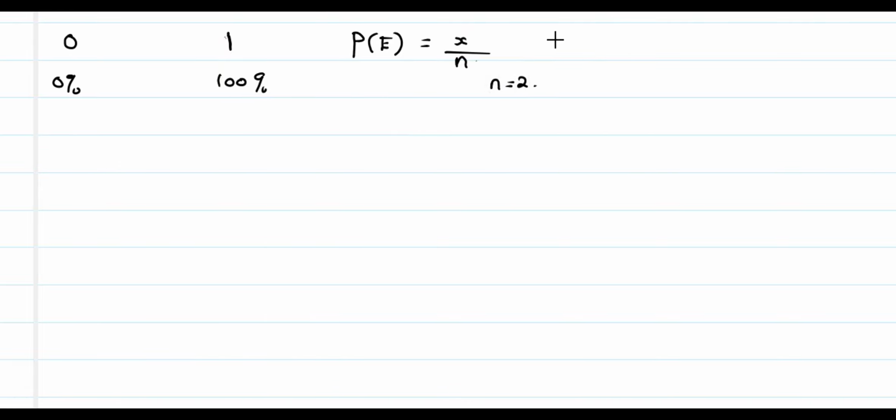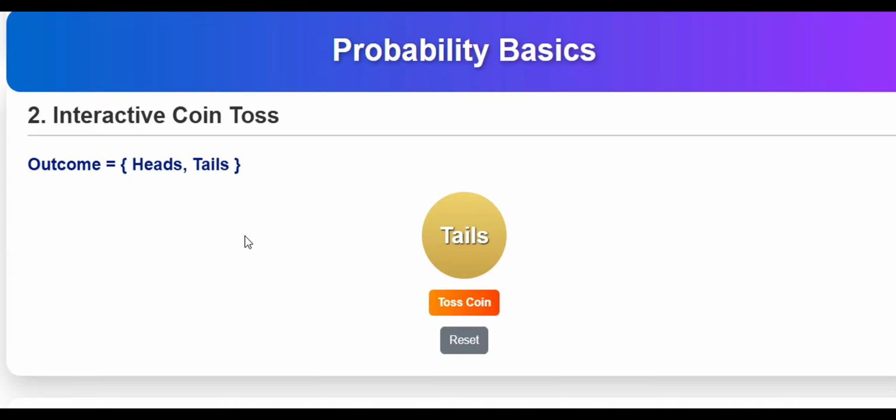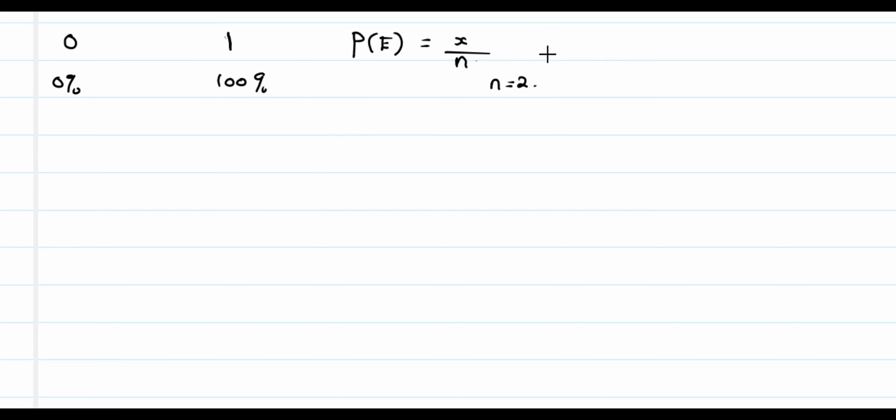But you see, we only needed the probability of getting a head. So head is our favorable outcome. So in this case, we can only get head once. So if we can get head once, then it means our favorable outcome is 1. So x will be 1.